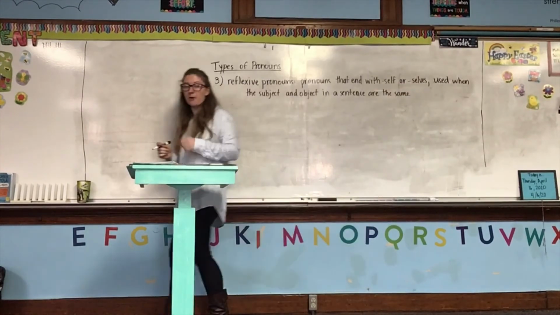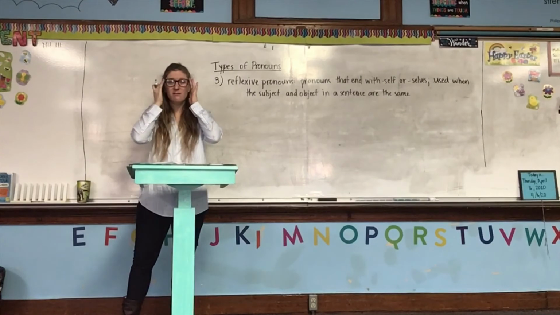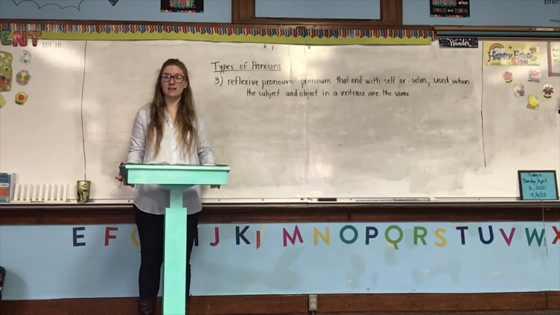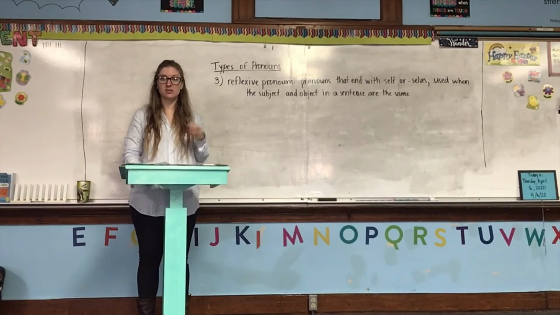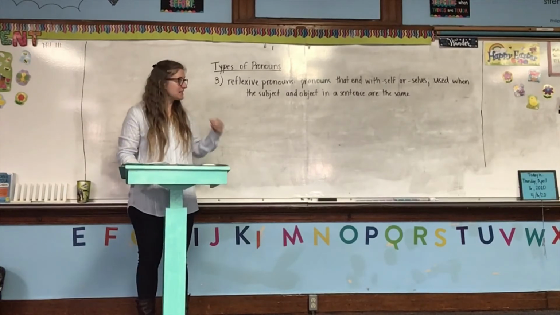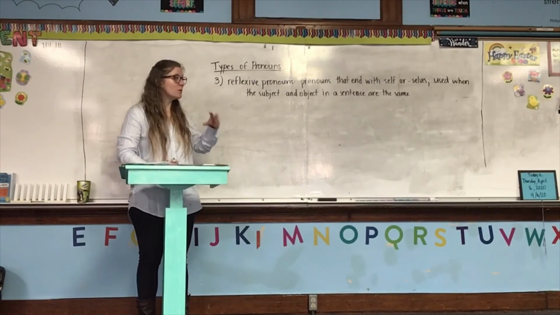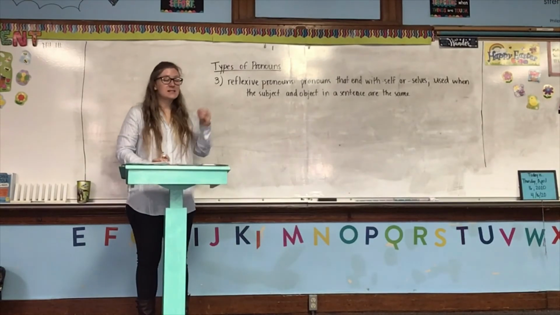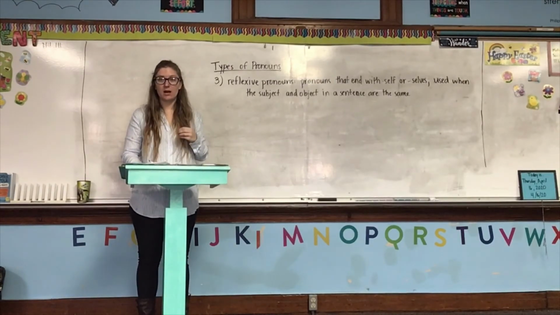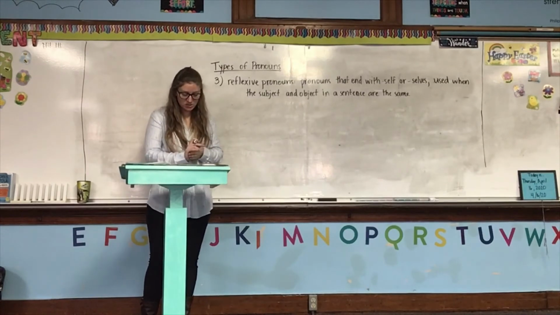So reflexive pronouns end with self or selves, and they are used when the person or thing doing the action is the same as the person or object that the action is being done to.